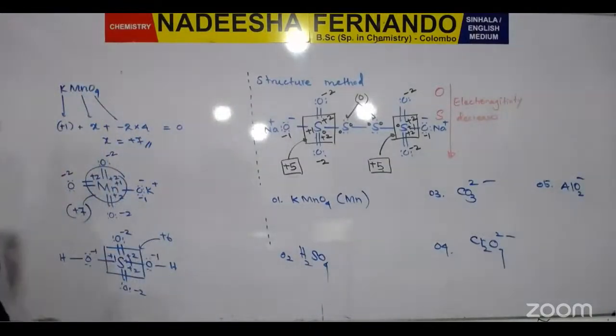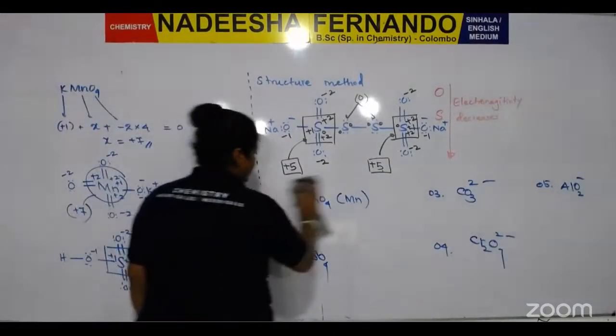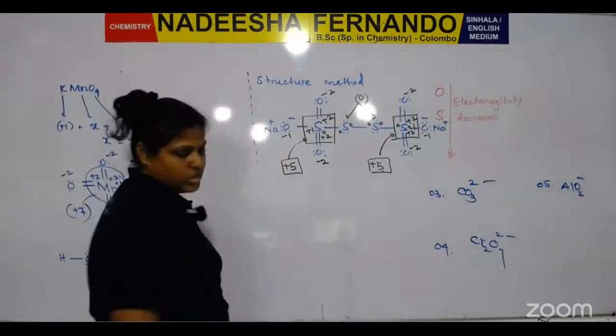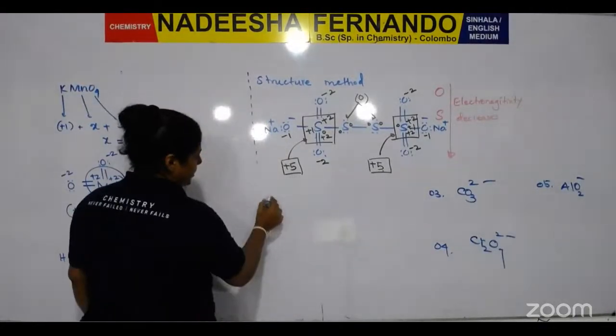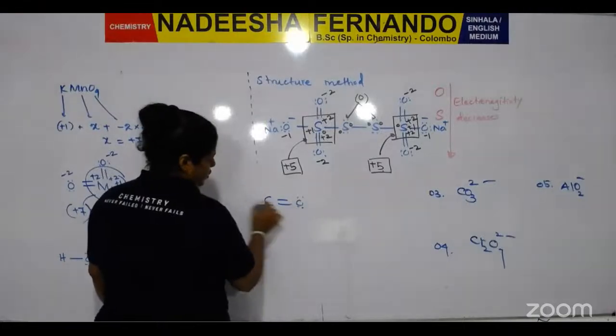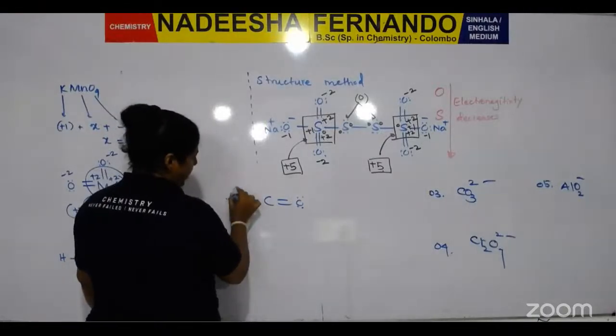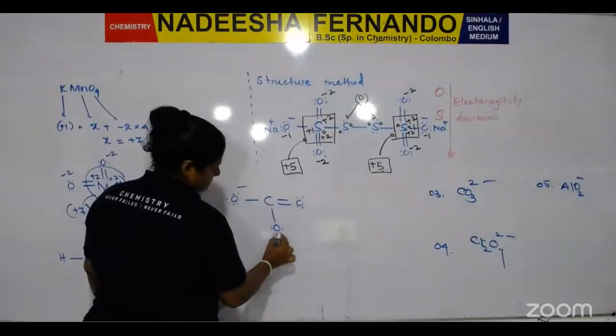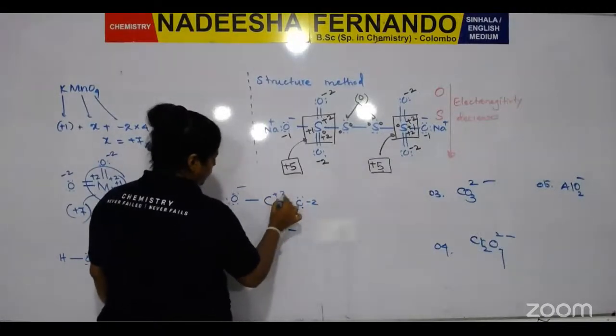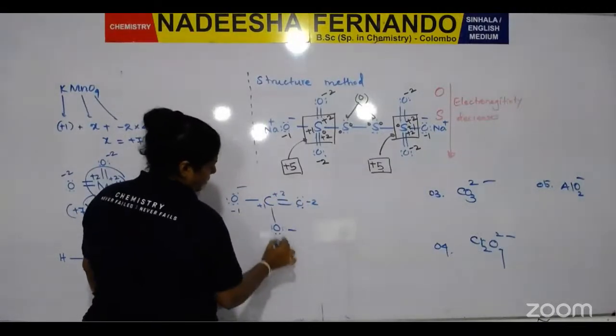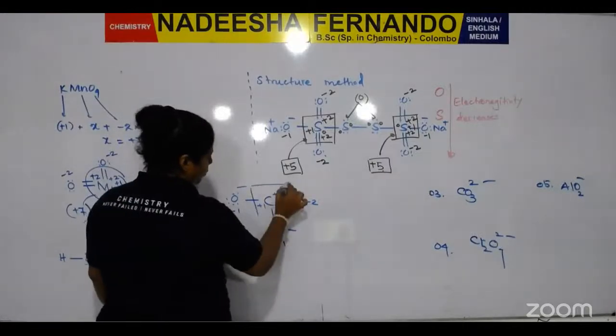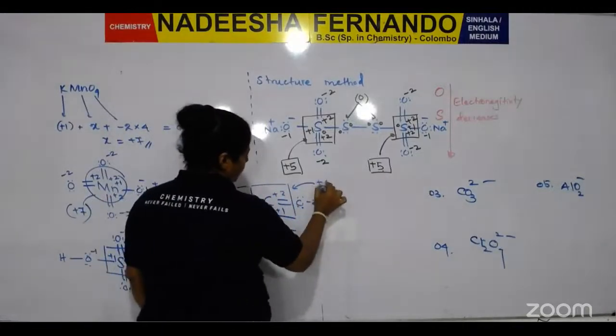Here, only one central atom. That's why you have only one oxidation number. Carbonate, CO3 2 minus. So this is the structure of the carbonate ion. Minus 2 plus 2, minus 1 plus 1, minus 1 plus 1. Overall charge here is plus 4.